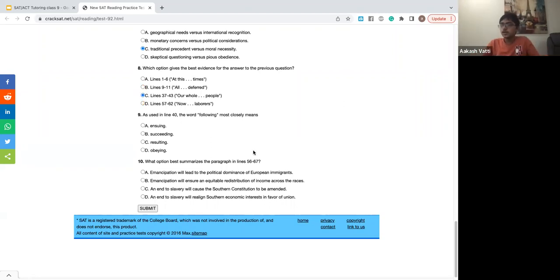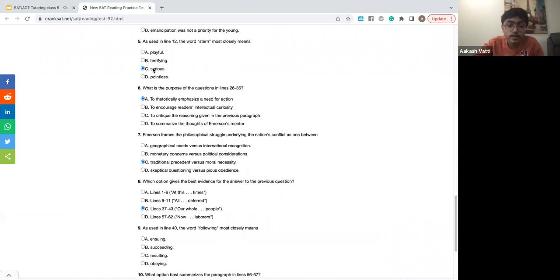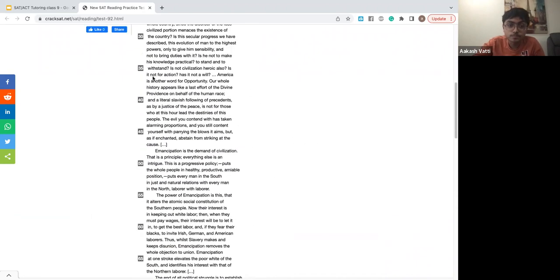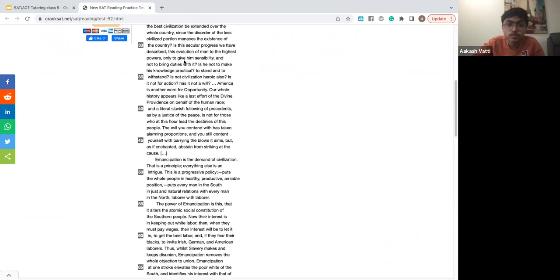Okay, number 9. As used in line 40, the word following most closely means, okay, line 40, following. Slavish following. Okay, that gives me literal slavish following of precedence. So obedience, I guess. That is the only real word I can think of. Obedience, or just mindlessly following it without caring to question, stuff like that.